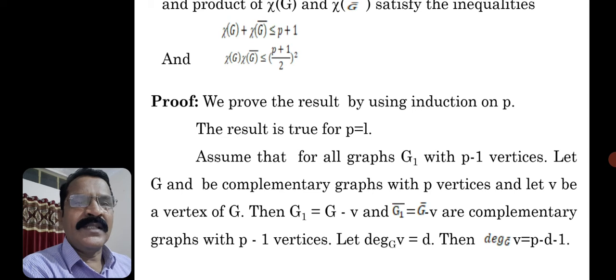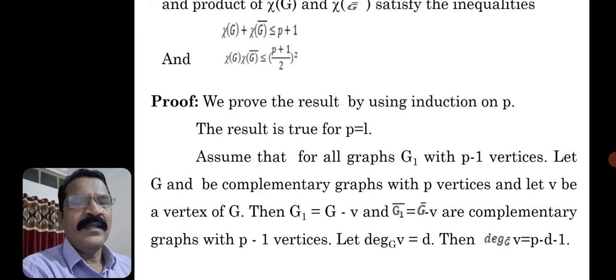Then if I consider the graph G1, you just see the previous step. G1 is a graph with P minus 1 vertices. So if I delete a vertex from the graph G, what happens? One vertex is deleted from graph G. It implies the graph G minus V has P minus 1 vertices.